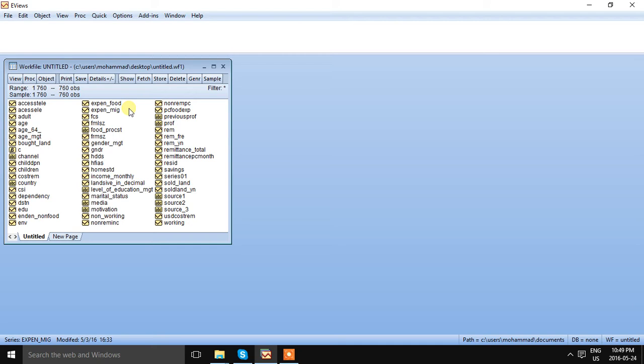There are a number of goodness of fit statistics that can be used to test how well the model fits with the data. For example, Akaike information criterion, R squared statistics, adjusted R squared statistics. These are some of the important statistics which are often used to test the robustness of the model.